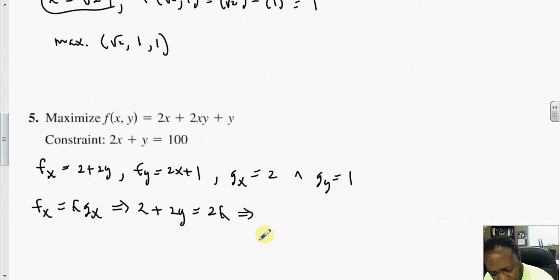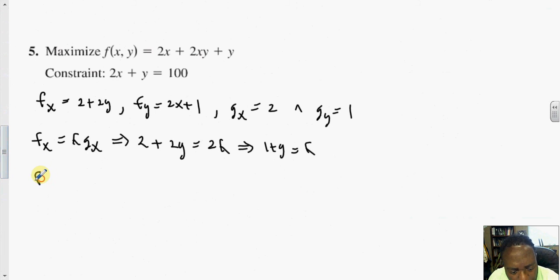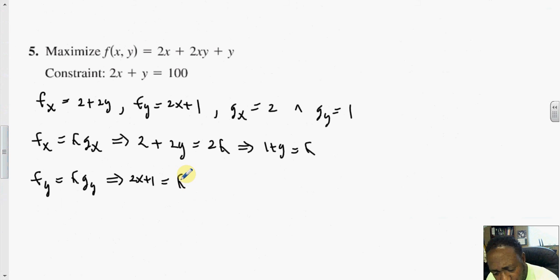That implies, just dividing through by 2, we get 1 plus y is equal to lambda. Now the next one, the partial of f with respect to y is equal to lambda times the partial of g with respect to y. Well, that implies that we have 2x plus 1 is equal to 1 times lambda, or just equal to lambda.